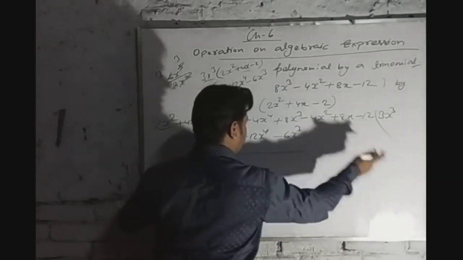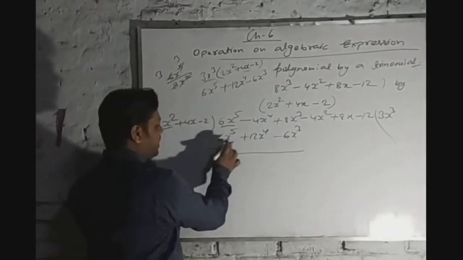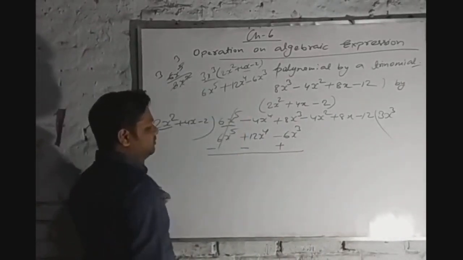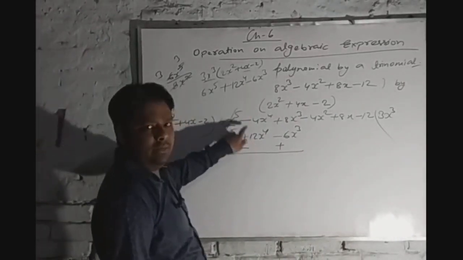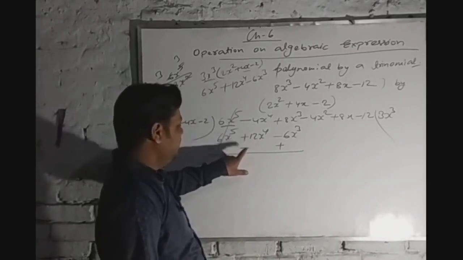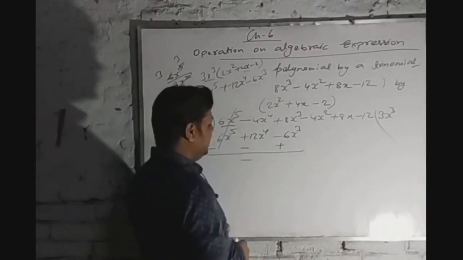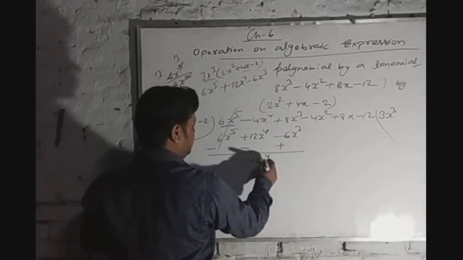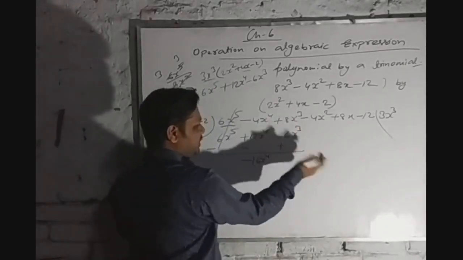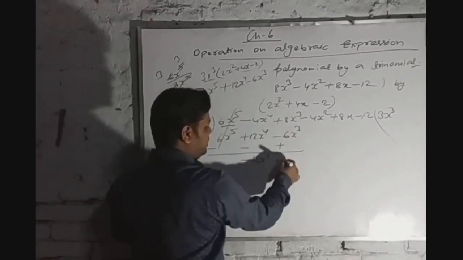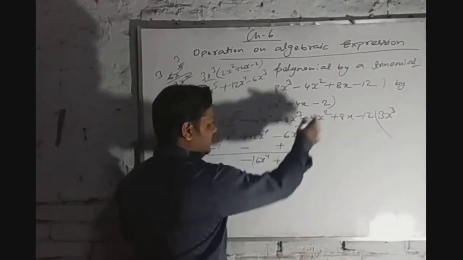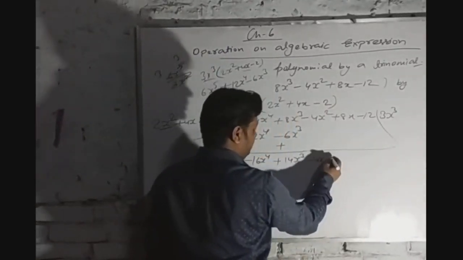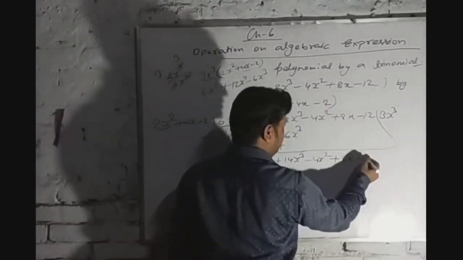Now we have to change the sign. Here plus then minus, minus then plus. Now it cancels out. Both have the same sign, minus and minus. Here 12, then we will write minus sign. And minus plus, that is we have to add: 16x to the power 4, and here plus, 8 6 14x cube. Now the rest of the value we will note down here: minus 4x square plus 8x minus 12.